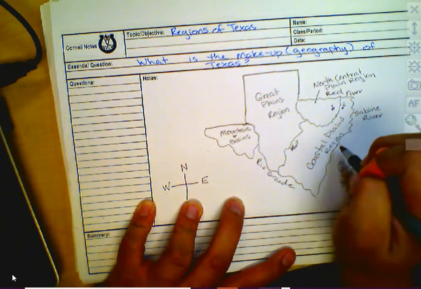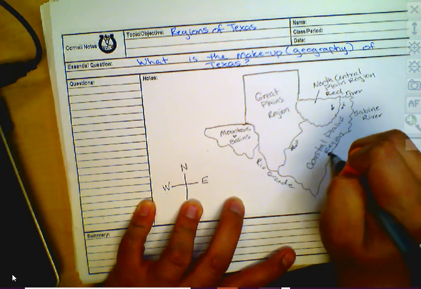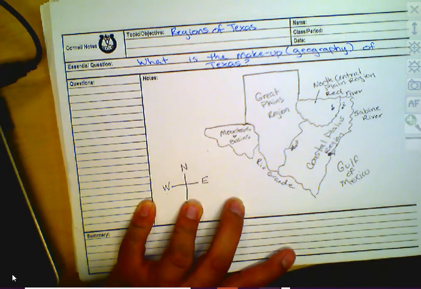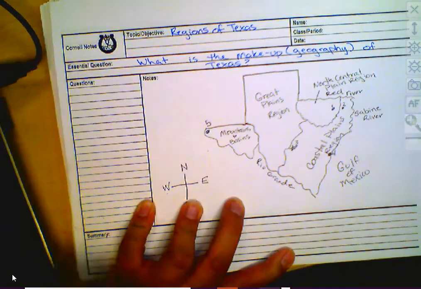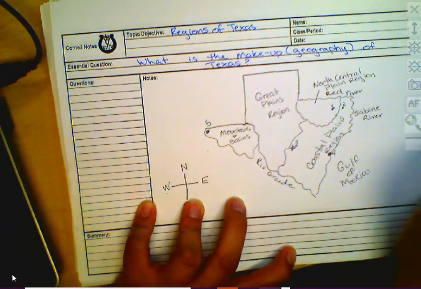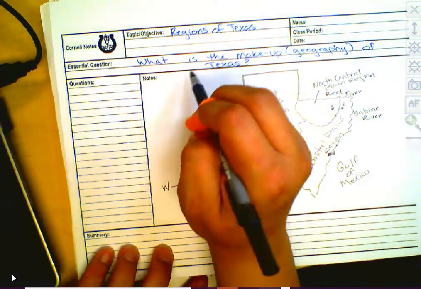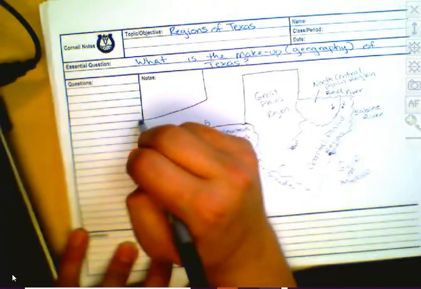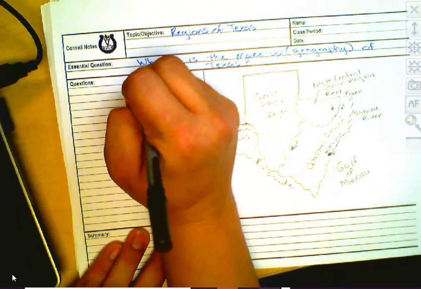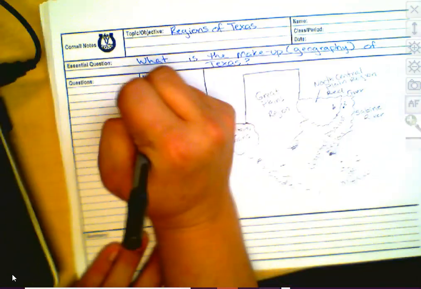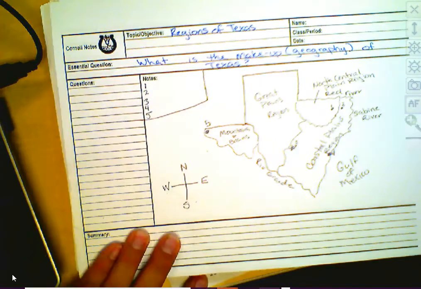Come back over to the coastline and label that 4. And finally, way over here and label that 5. So we're going to go ahead and make a legend for our cities. So we're going to go 1, 2, 3, 4, 5.